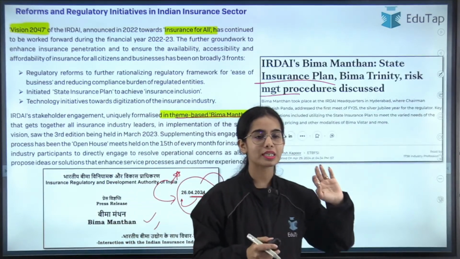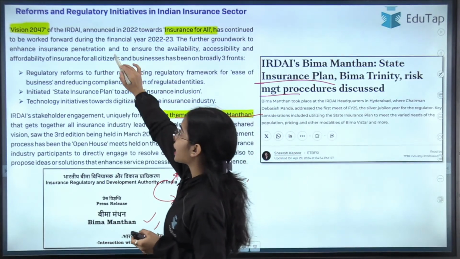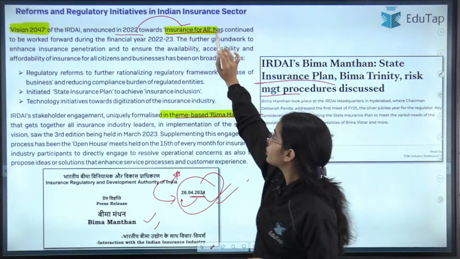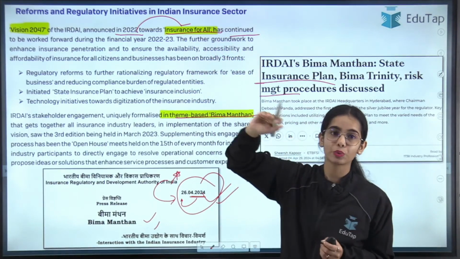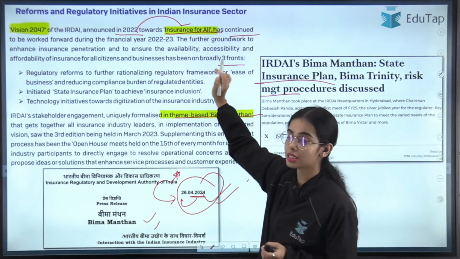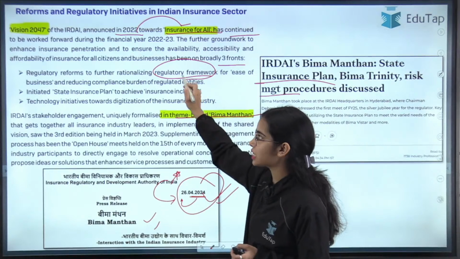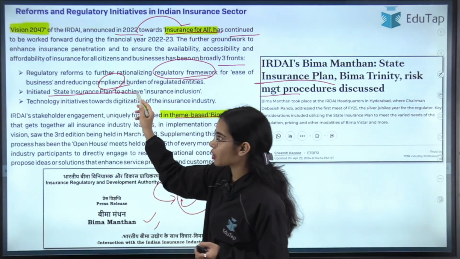So I hope you understand that the Vision 2024 of the IRDAI, announced in 2022 to work towards insurance for all, has continued to be worked on during the financial year 2022-23, and three fronts have been identified. The regulatory framework has to be rationalized, reducing the compliance burden and initiating the state insurance plan.